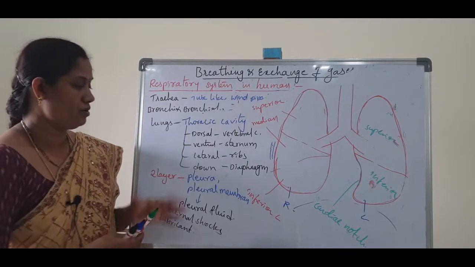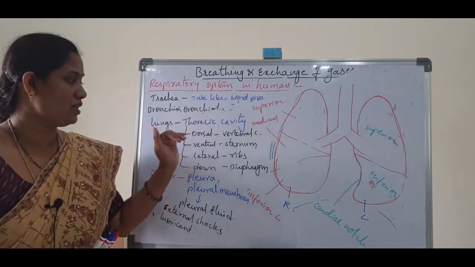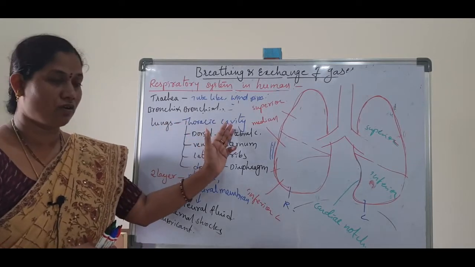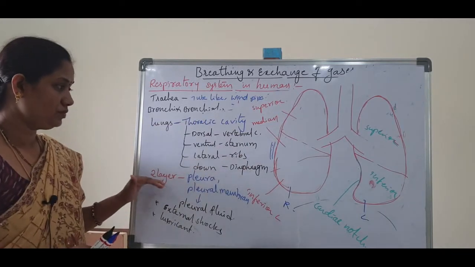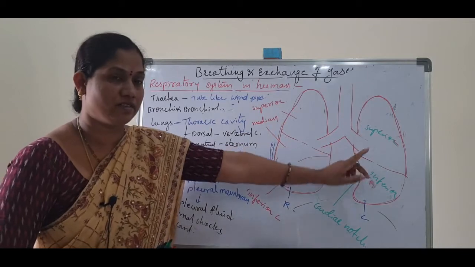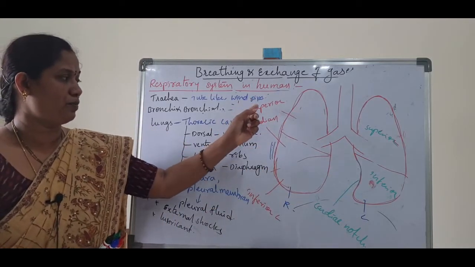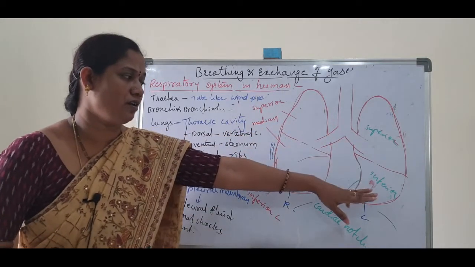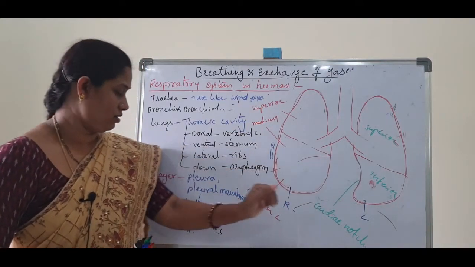Okay, so this is about the lungs. The lungs are located in the thoracic cavity, which is made up of the vertebral column, sternum, ribs and diaphragm. The right lung divides into 3 lobes: superior, median and inferior. The left one has a superior lobe and an inferior lobe, and the left lung has the cardiac notch.